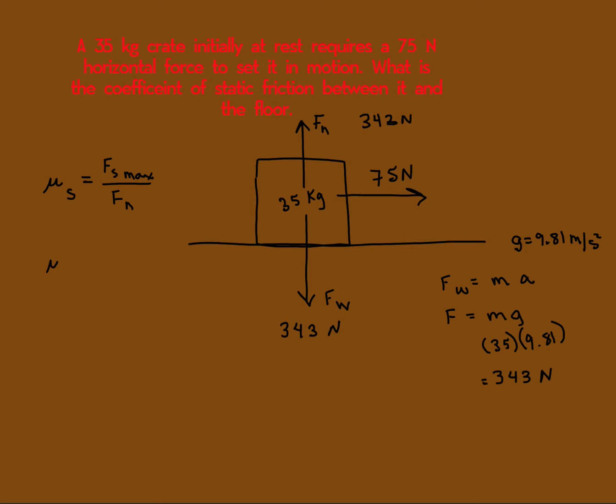So now we can find this coefficient, that little u thing is a mu, it's our coefficient of friction. And that's going to be our 75 newtons, which is that force that's required to get it moving, divided by 343 newtons.